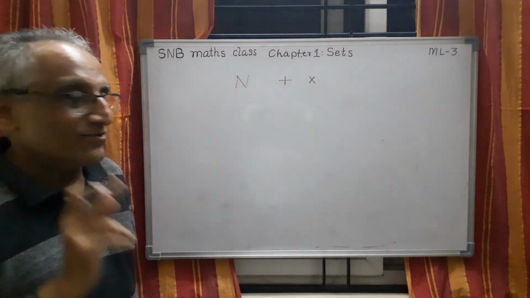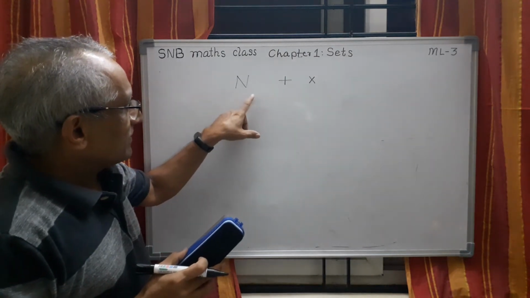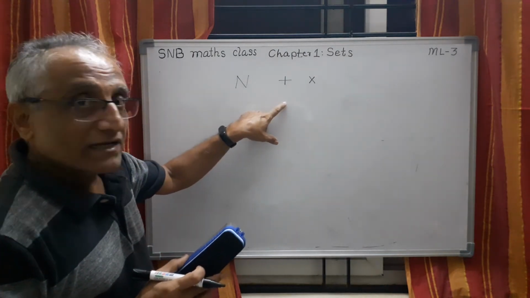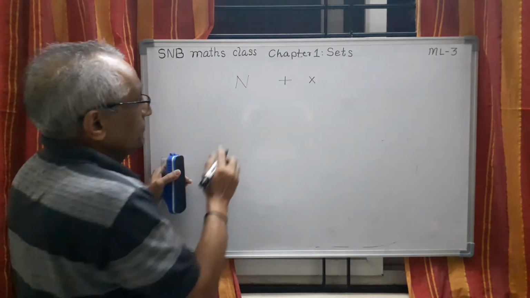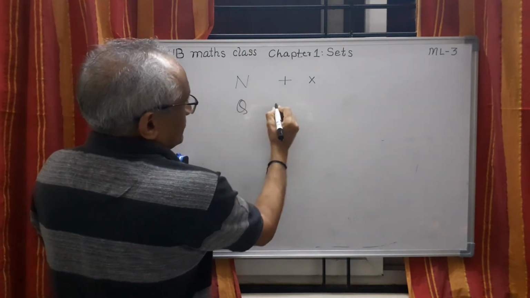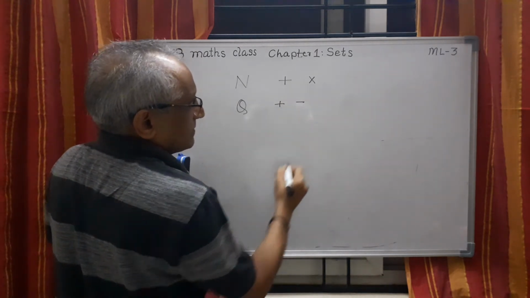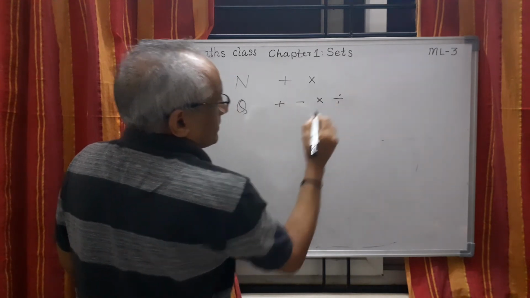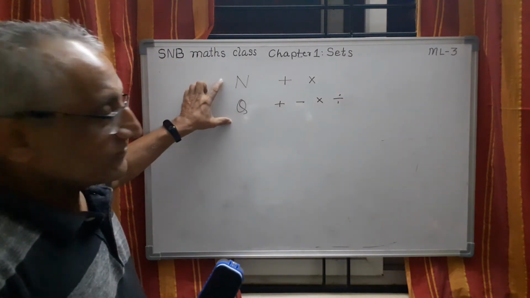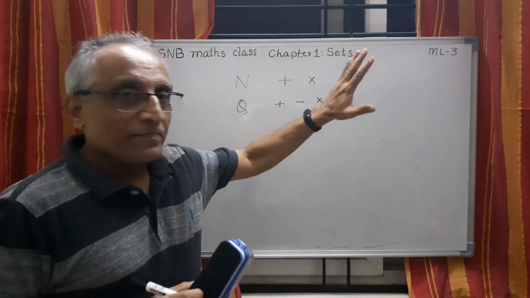Actually we cannot perform subtraction and division, because when a number is subtracted from another number, sometimes you get a negative number, which is not there in N. But if you take Q for example, you can perform addition, subtraction, product, and division also. Like this, given a set of numbers, different types of operations we can do.